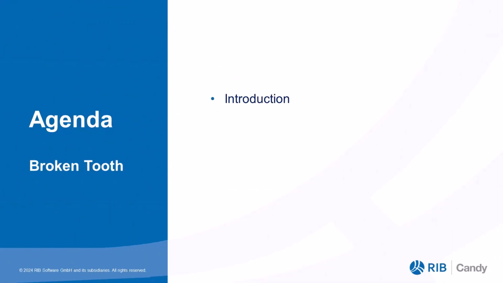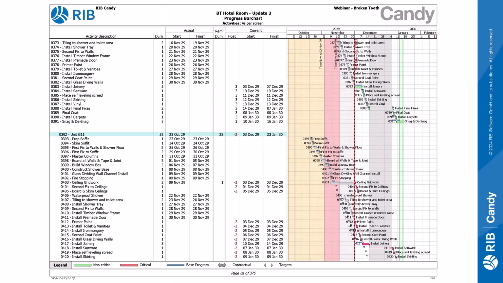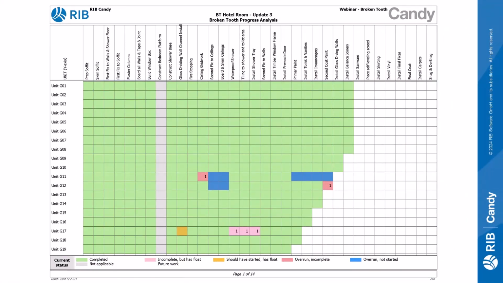Let's look at what is a broken tooth progress report. It's a document that displays the progress of a program, or more correctly, a portion of a program, in a matrix type format. This document is suited for reporting progress for a portion of a program which consists of several repeated activities through a series of units.